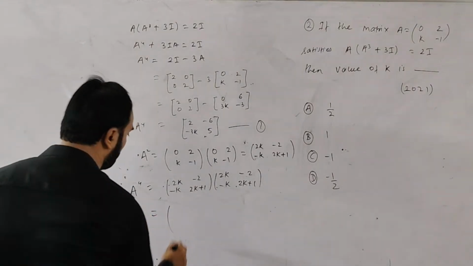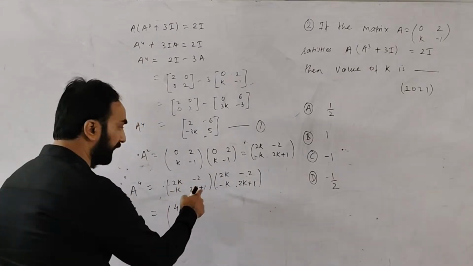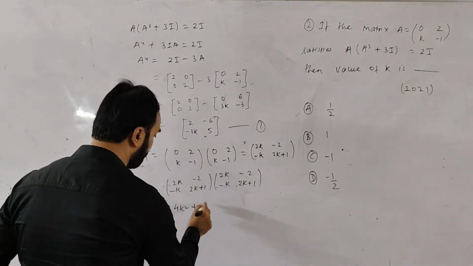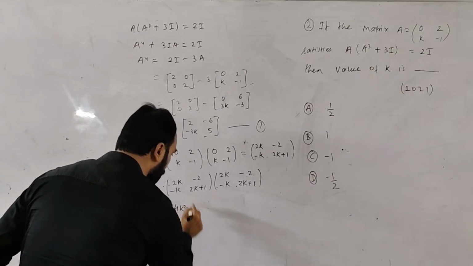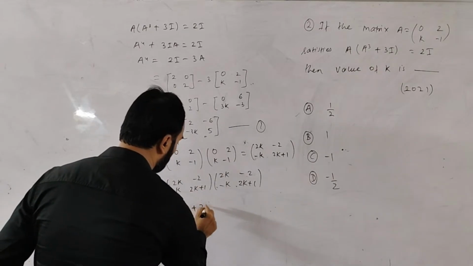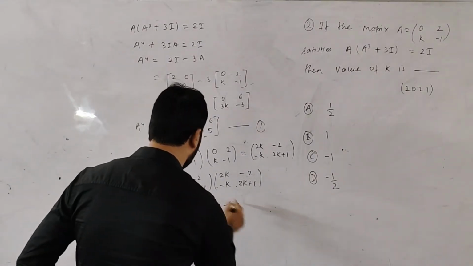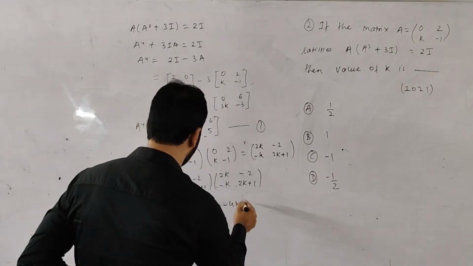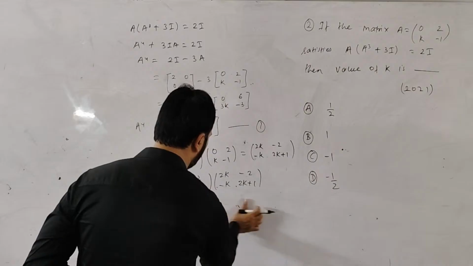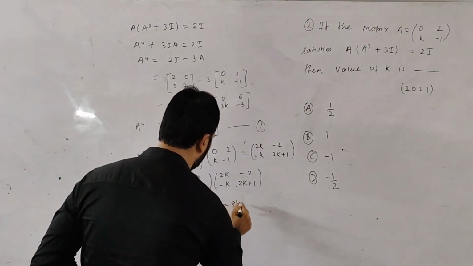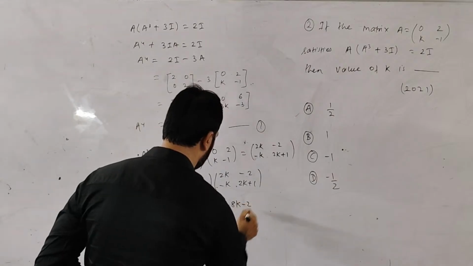So how much is A to the power 4 coming? Just multiply. First entry is 4k square plus 2k. Keep cross checking the calculation. Second column will become minus 4k minus 4k plus minus 2, so I am directly writing minus 8k and minus 2.